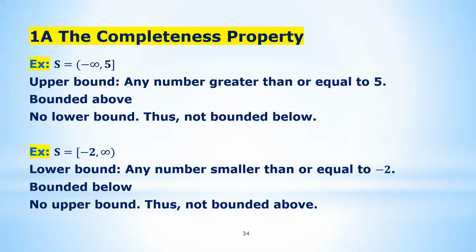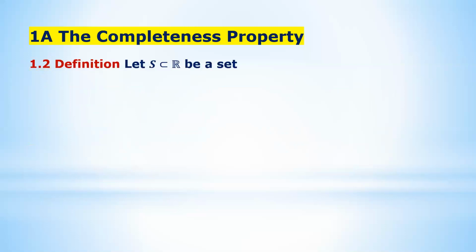Of course, you can also have the set from negative infinity to positive infinity, the whole real number set. This set is not bounded above and not bounded below. All right, so this is about the upper bound, bounded above, and bounded below. This is a basic concept.